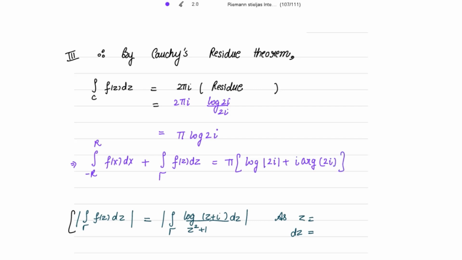If we are focusing on the formula, then this is equal to pi log of... I know that mod of iota is 1 always. Let me write here, note: mod of iota is equal to 1. The proof for this has been done in the earlier videos. So this is log of 2 plus iota times the argument of 2 iota, and this is pi by 2.